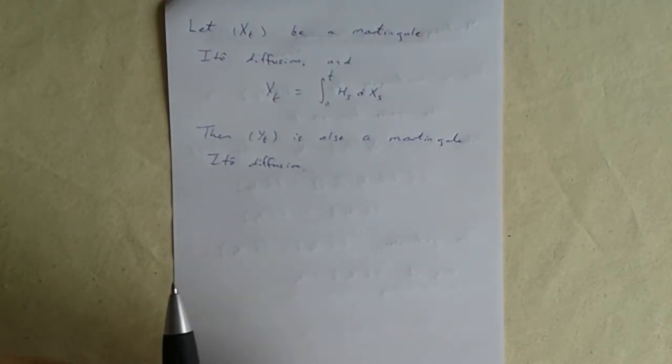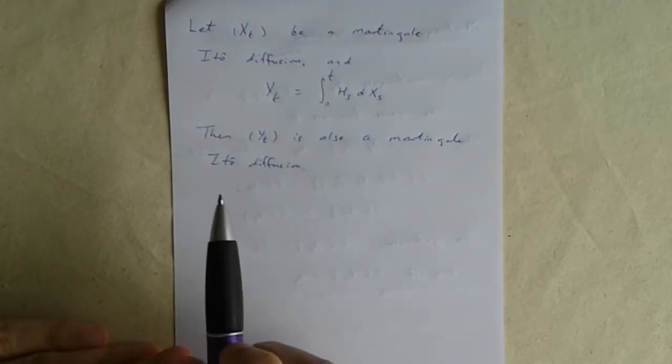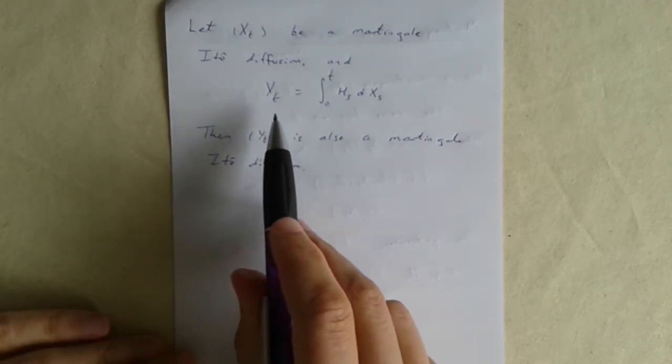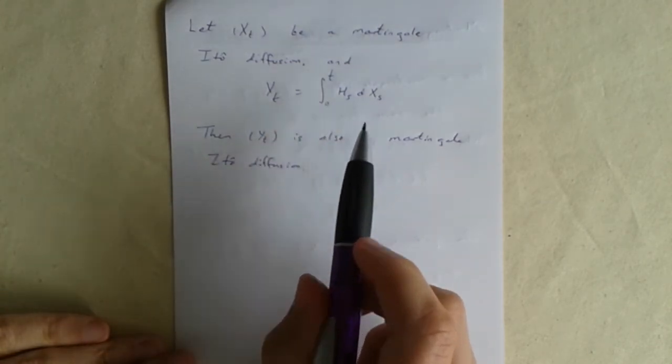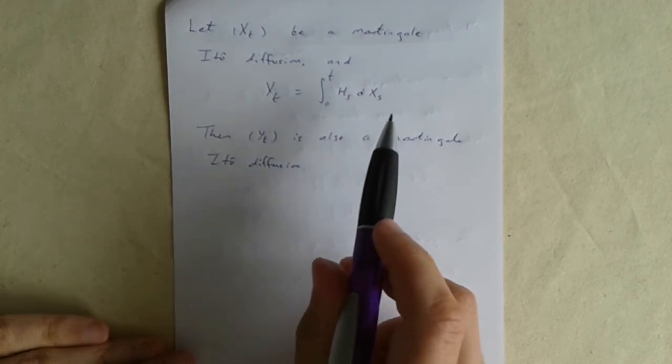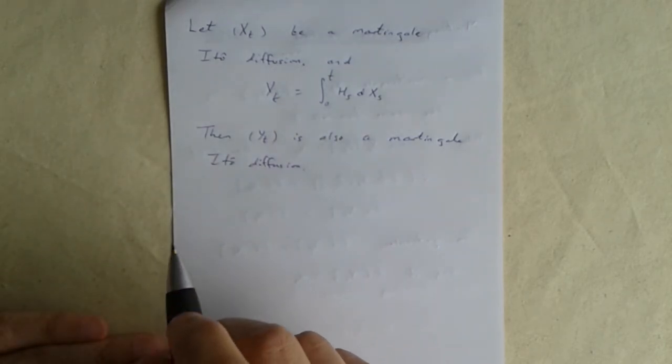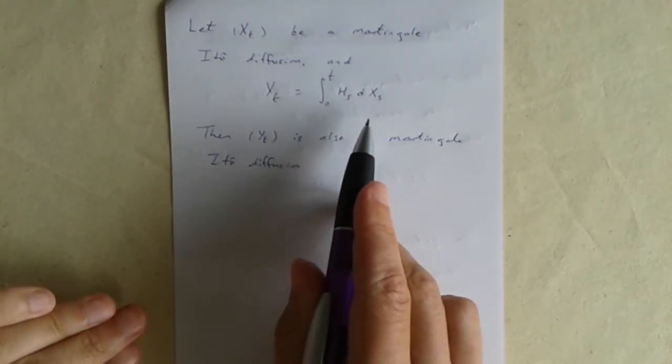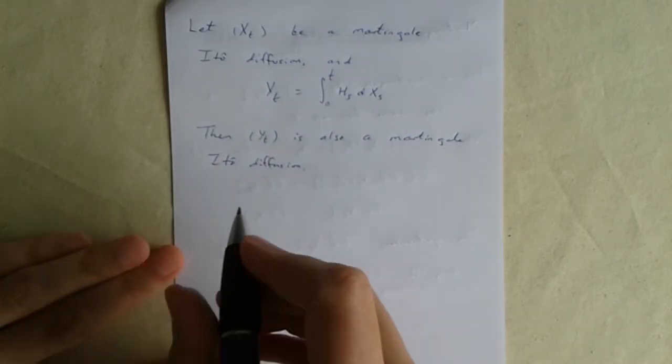And we can see that immediately because we remember that the drift of y is just h times the drift of x, and the speed of y is just h times the speed of x. So if x has 0 drift, then y has 0 drift as well.